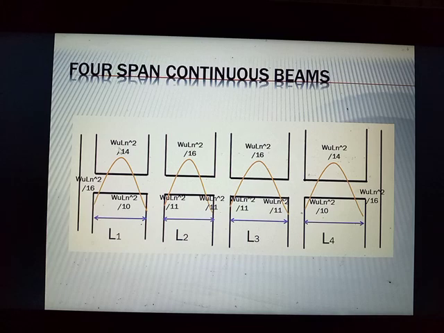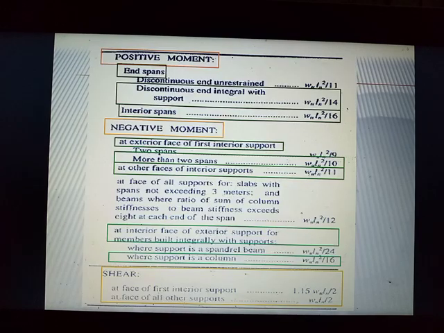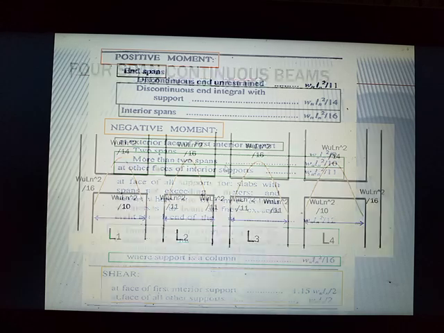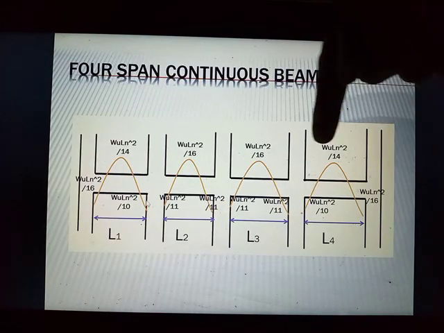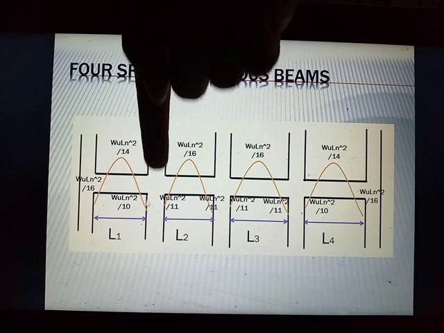Over 14 for the exterior sides and over 16 for the interior sides. And then, since we have more than 2 spans, the exterior face of the first interior support. So this is your first interior support.